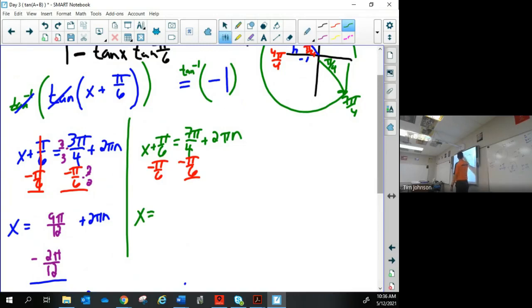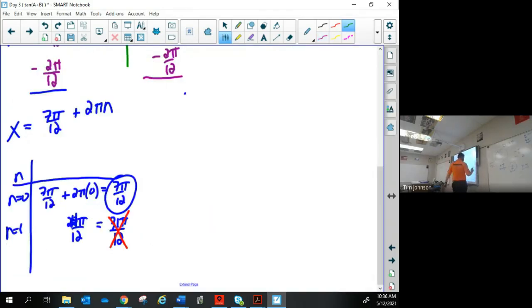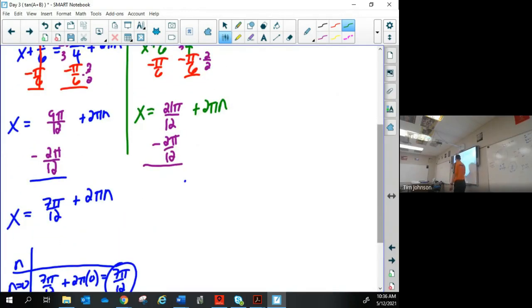Equation 2. Same thing. Now multiply this one by 3/3, which is 21 pi 12ths. Multiply this one again by 2/2, minus 2 pi 12ths. So my equation equals 19 pi 12ths plus 2 pi n.